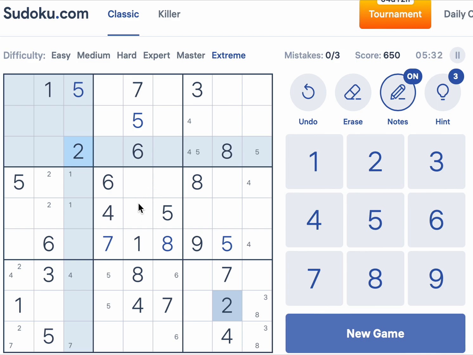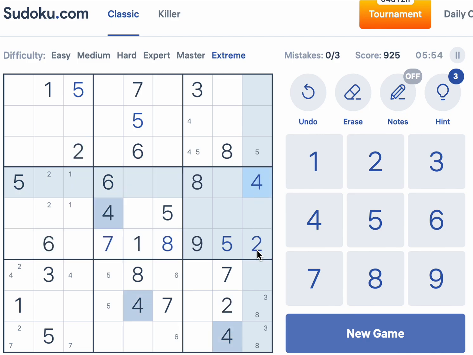This row must also contain a 2, because for this block we already have 2s here, so for this row the only available position for 2 must be here. So this cell must be 2. As a result, this cell must be 4.